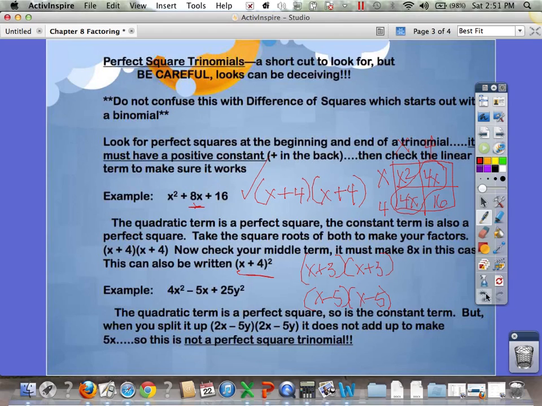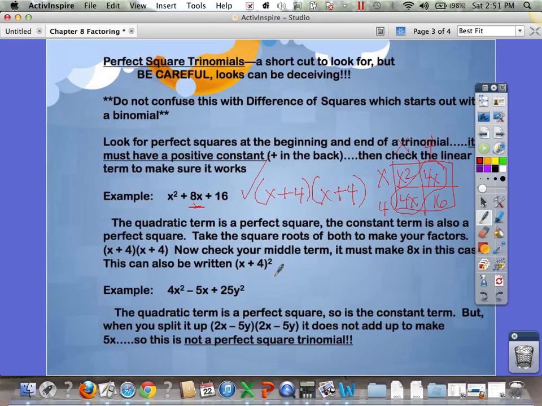All right, so let's look at the last example. Let's just use this. Move this out of the way. All right, 4x squared minus 5x plus 25y squared. So the front end's definitely perfect square, and so is the back. So let's see if we can do that.